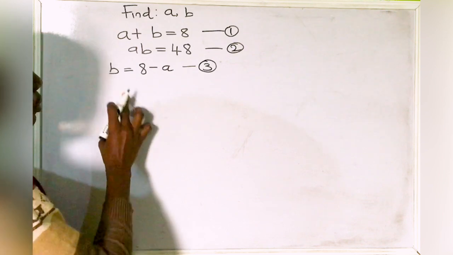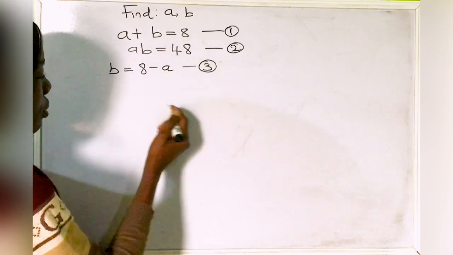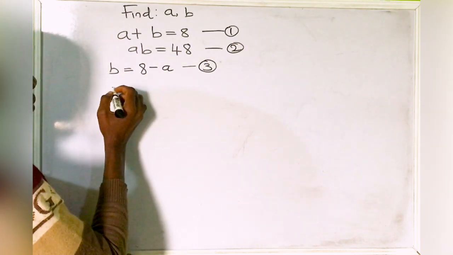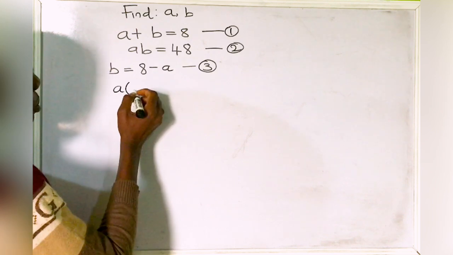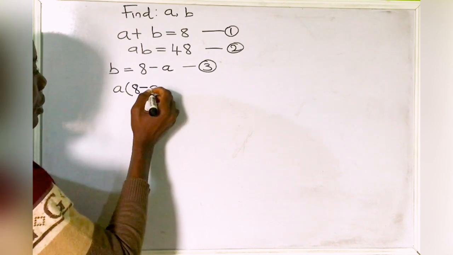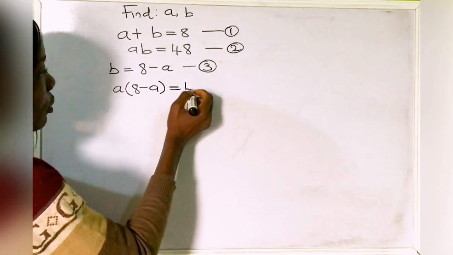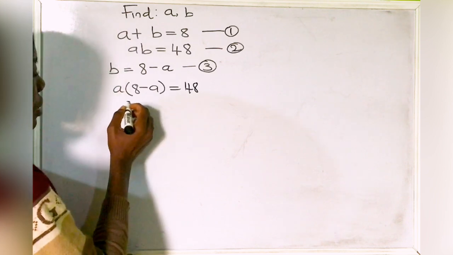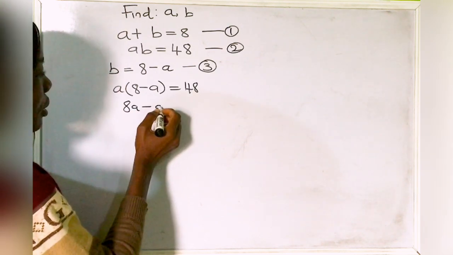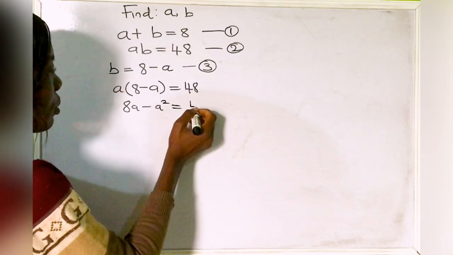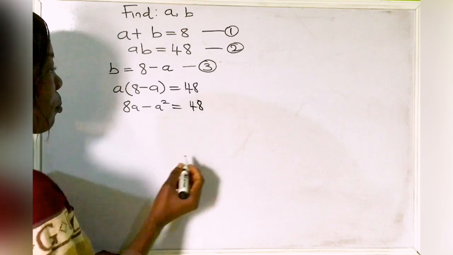Now, let's substitute for the value of b in equation 2. So that means you have a, open bracket, 8 minus a, is equal to 48. Here we'll say 8a minus a squared is equal to 48.